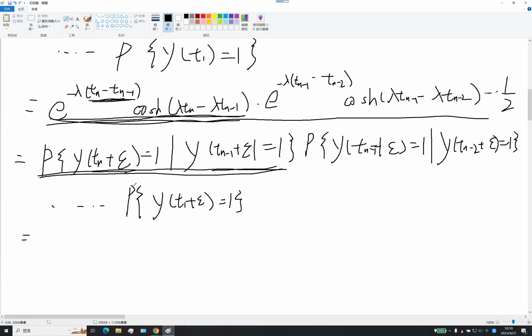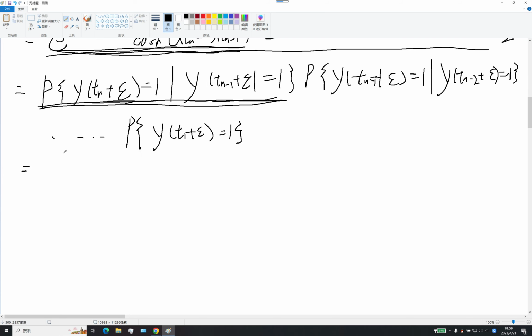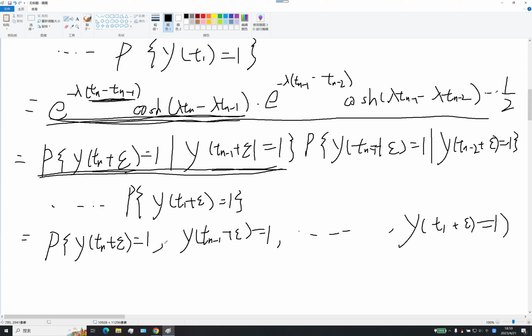And because it is a memoryless process, we can add the rest of the parts back again, so we can transform it to the form like this: y(tn + epsilon) = 1, multiplied together with y(tn-1 + epsilon) = 1, and so on, and the last one is y(t1 + epsilon) = 1.